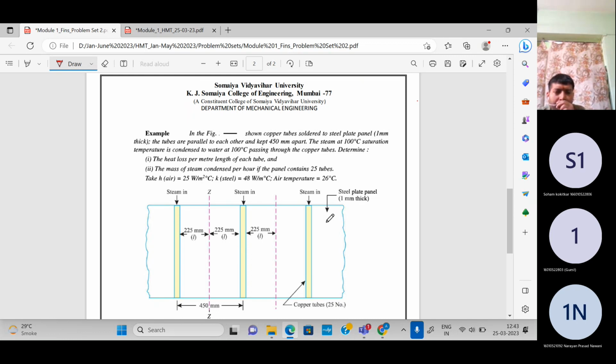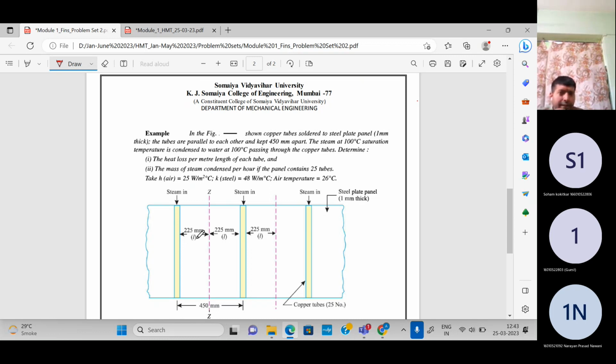So due to the symmetry in the geometry of this arrangement of these copper tubes on this steel plate, you can see this half of the distance between the two copper tubes will act as the fin.